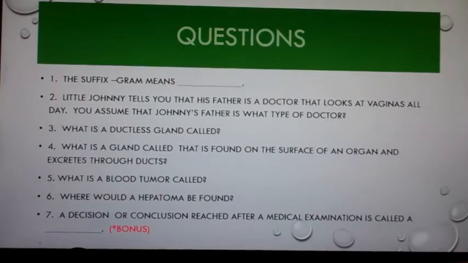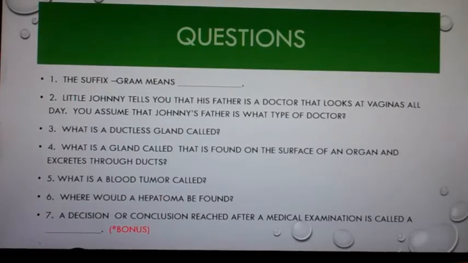Questions. Number 1. The suffix "gram" means blank. Number 2, little Johnny tells you that his father is a doctor that looks at vaginas all day. You assume that Johnny's father is what type of doctor?